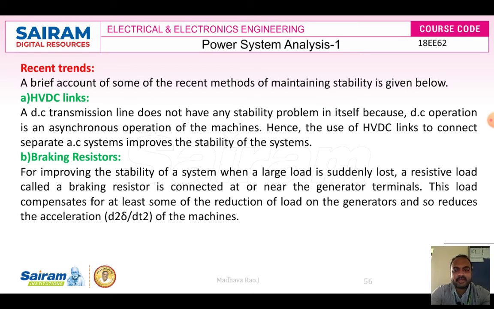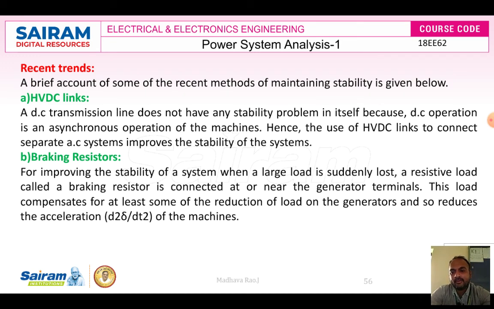Because of DC operation, synchronous operation of the two ends is not needed. The use of HVDC links to connect separate AC systems improves the stability of the system. There is no hissing noise, no blue voltaic light, no corona effect. So we can use DC transmission and improve the stability. Okay, that is one reason.